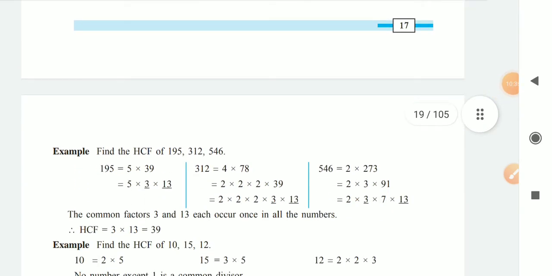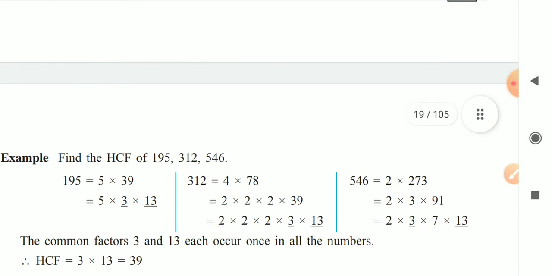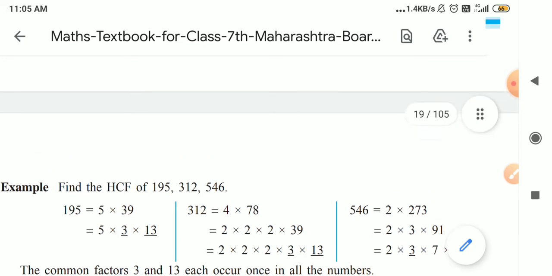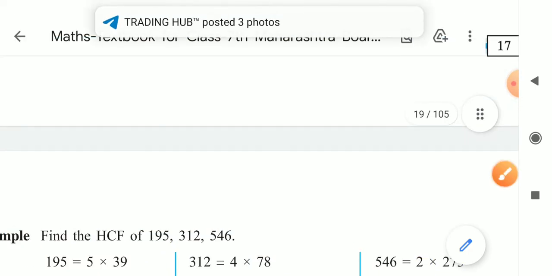If I have to find the HCF of 195, 200, 312 and 446, first of all we have to find the prime factors of 195. One by one I will show you how to find the prime factors of 195.